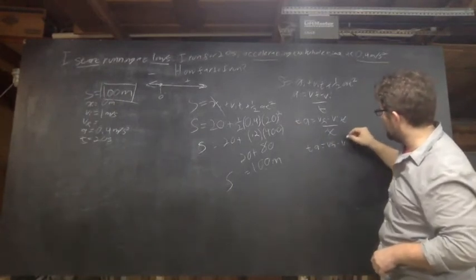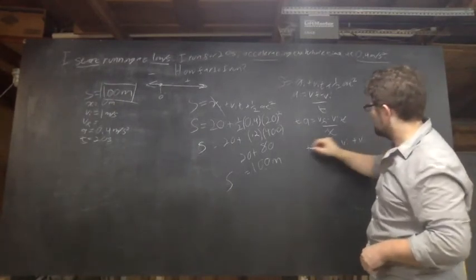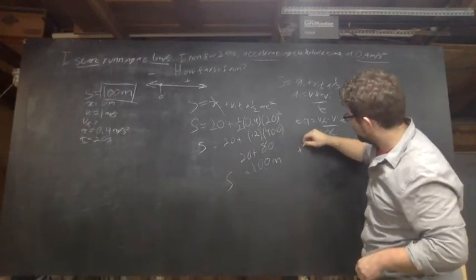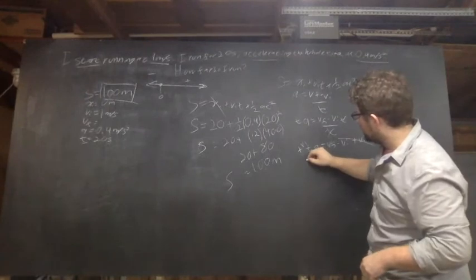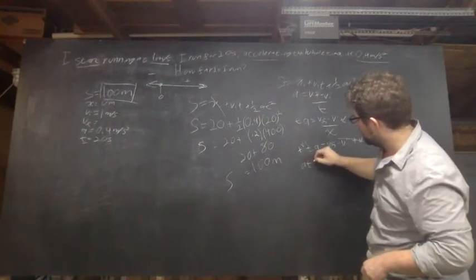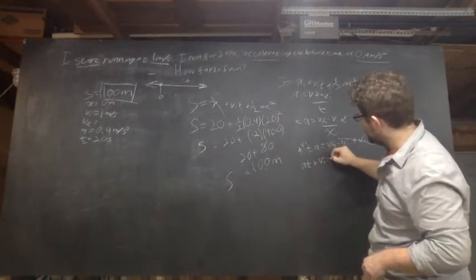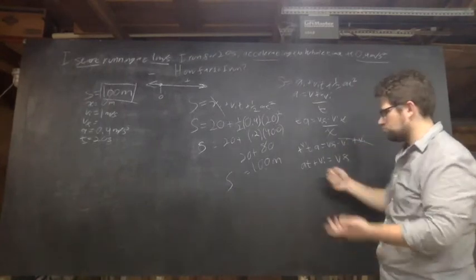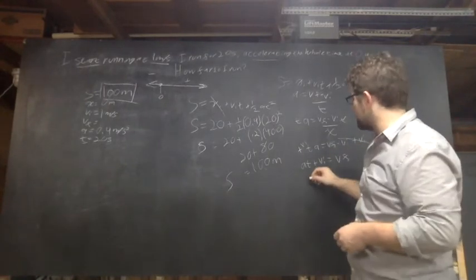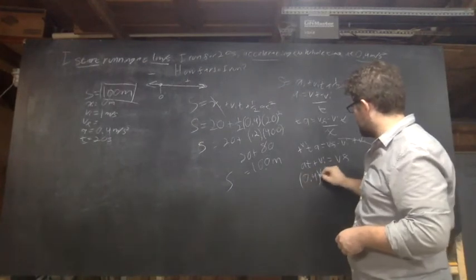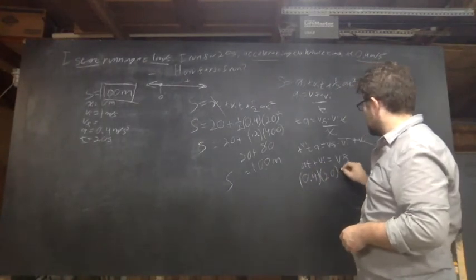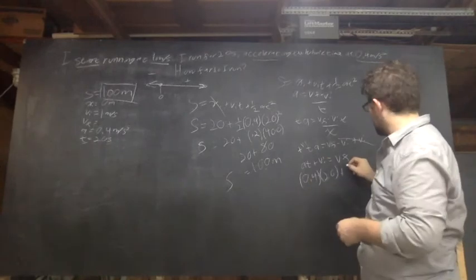Then add vi to both sides. So, a t plus vi equals vf. Great, and I have all those numbers. So 0.4 times 20 plus vi, which is 1.